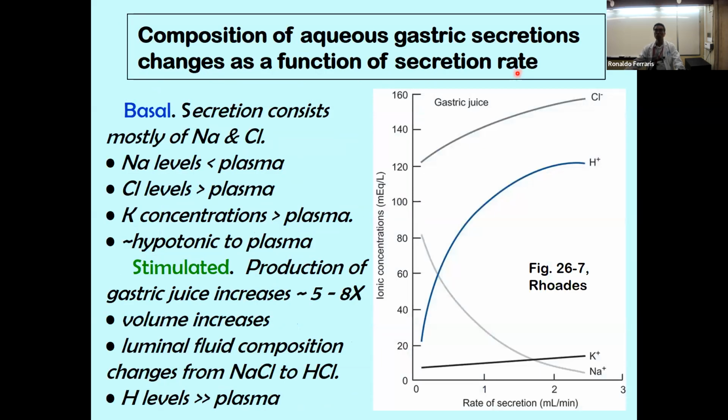So now let's switch to aqueous secretions. Y-axis, ion concentrations, x-axis, rate of secretion. So this theme is very popular and consistently repeated in the various regions in your GI tract.